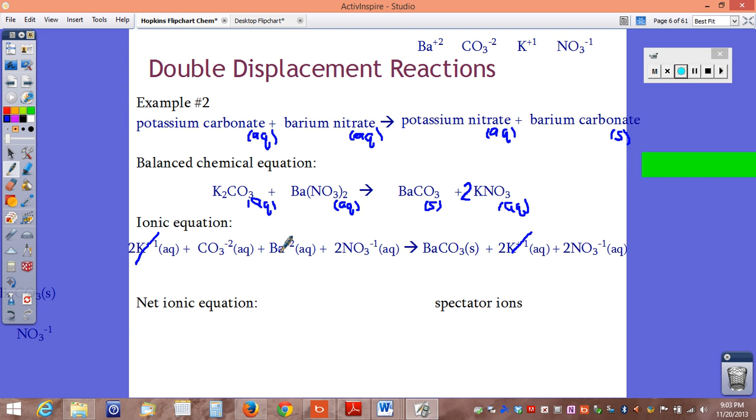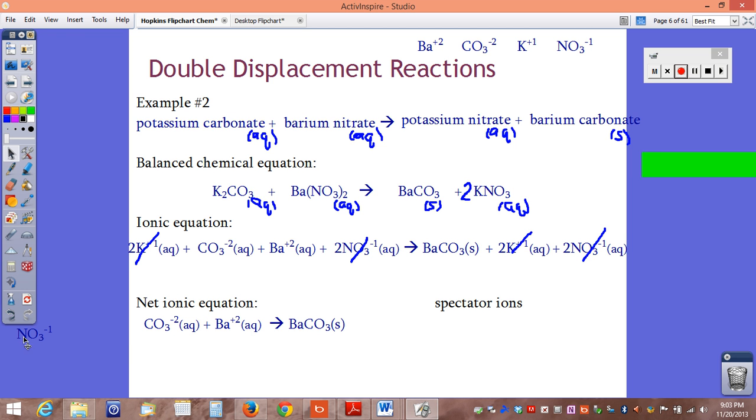Barium is not a spectator for the same reason. Here it is an ion by itself, and over here it is part of the compound. The nitrate, though, is an ion here and here. It cancels. That leaves me with the following 2 ions and the solid to form my net ionic equation.